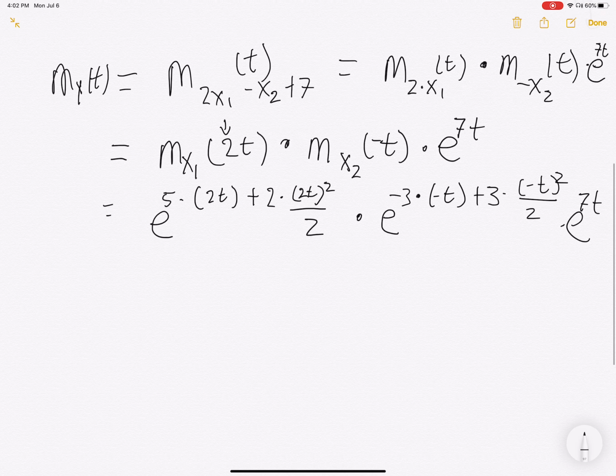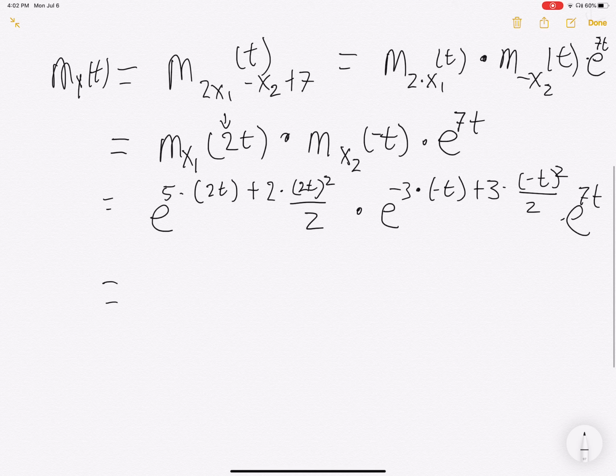Okay, and that's the moment generating function. So now we just combine. So this will be e to the 10t plus 3t plus 7t. So e to the 20 times t plus 2 times 2 squared will be 8, plus 3 is 11.